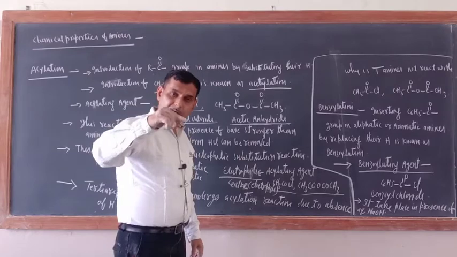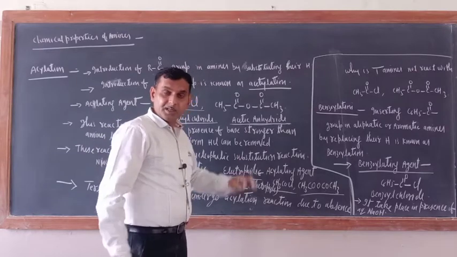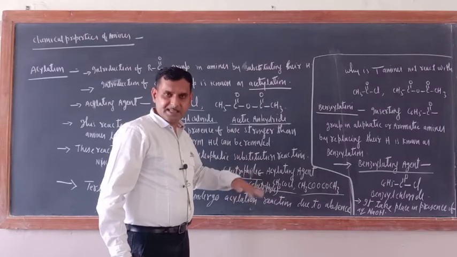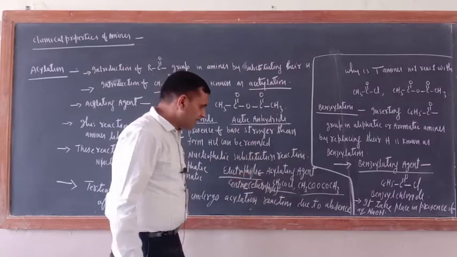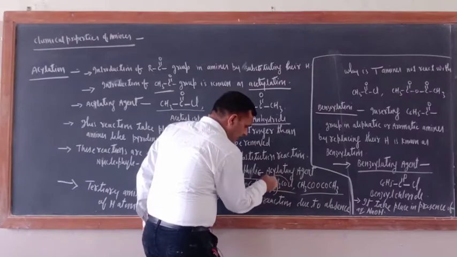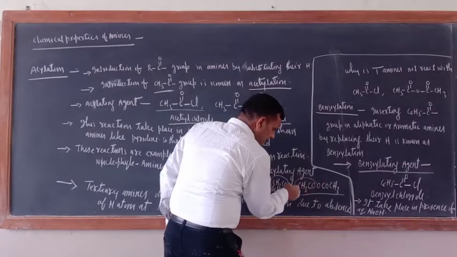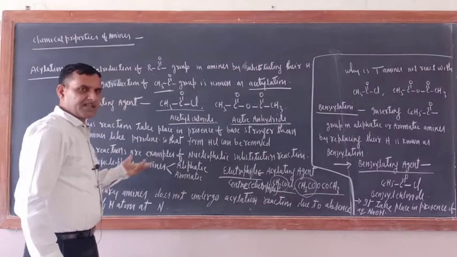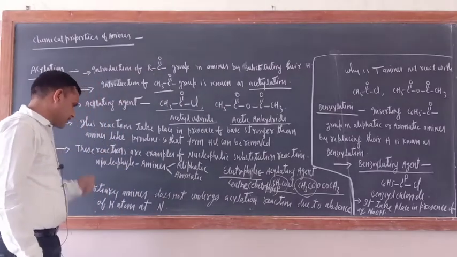So the carbon of the carbonyl group will serve as an electrophilic center, or electrophile. So here the CH3CO electrophile will be generated. Here also the CH3CO electrophile will be generated. Okay. That is why they are examples of nucleophilic substitution reaction.